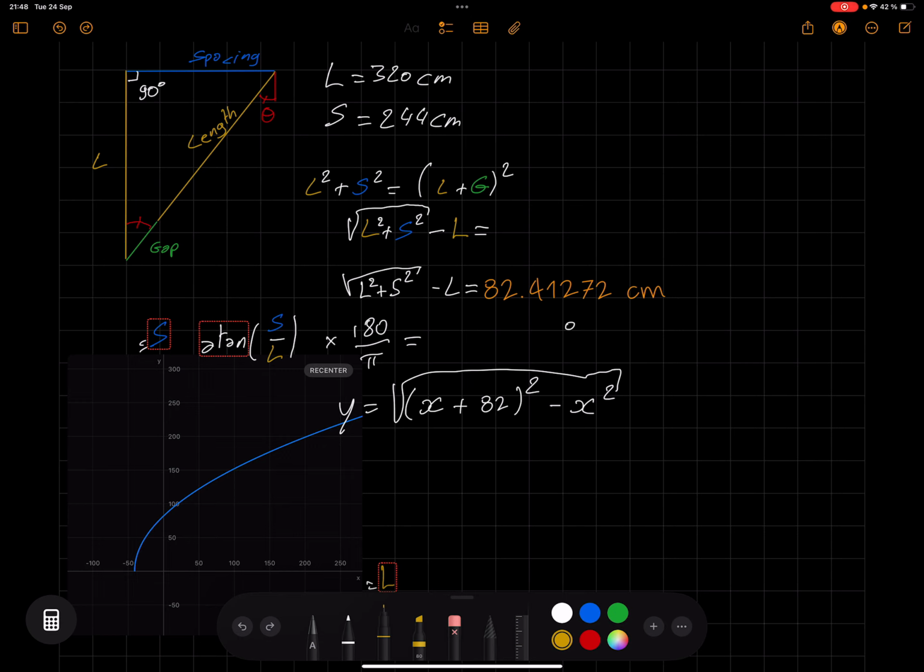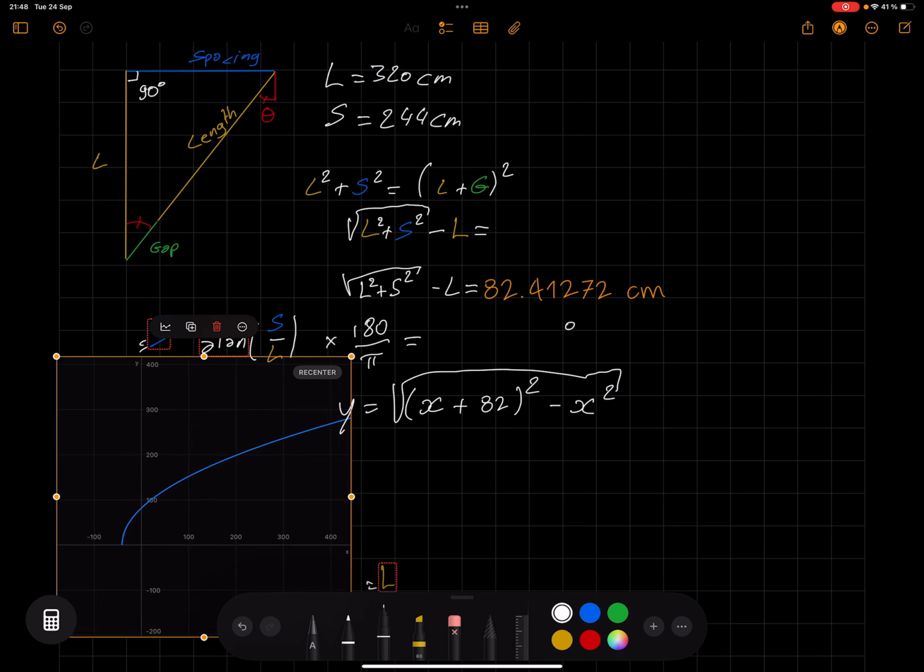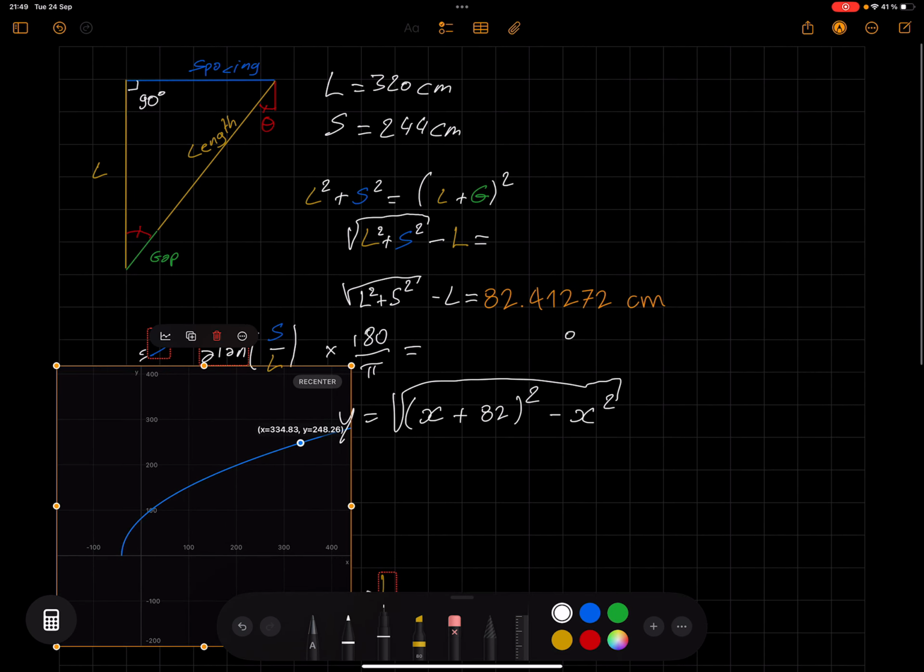And so that means when I have 320 here, you see I have the 245. Okay, so this is the curve with the gap always at 84. And you can see that X, the length, can get minimal.